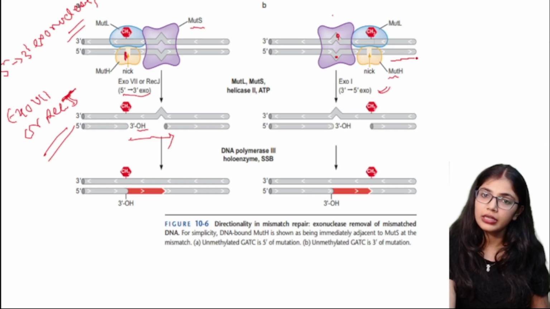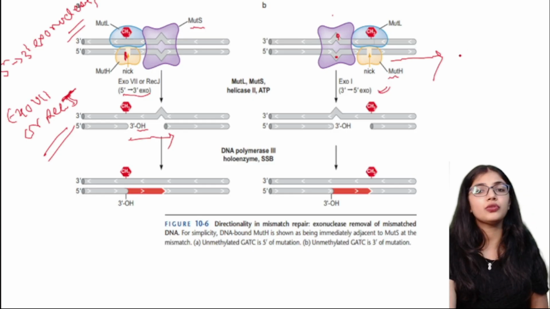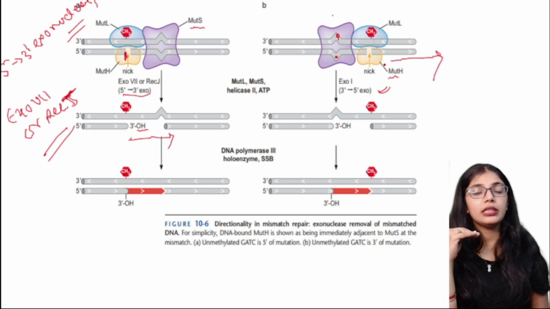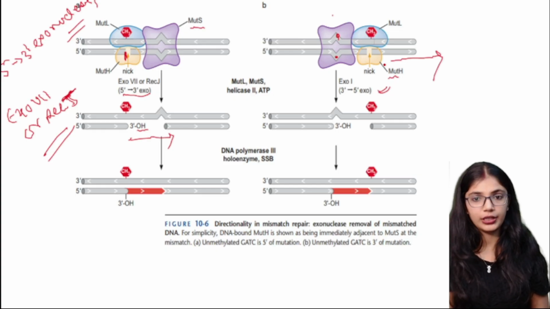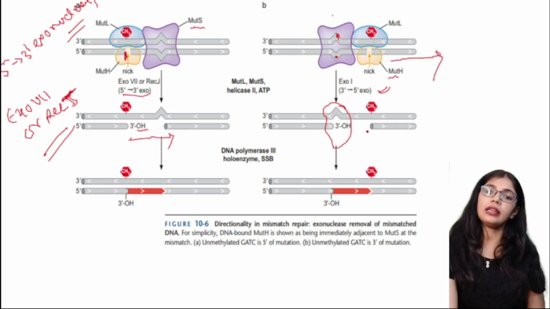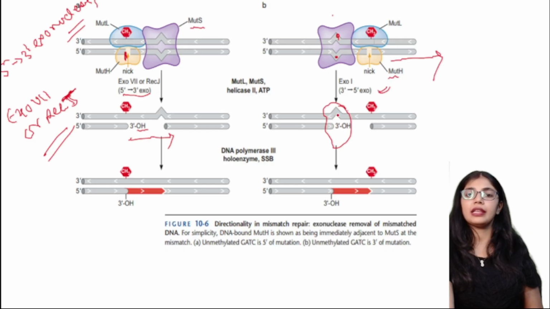If it works in this way, there is no distortion in this place, so it needs to go backward. So here the 3' to 5' exonuclease works, so it can degrade this place. Now here there is involvement of DNA polymerase and it fills the gap.